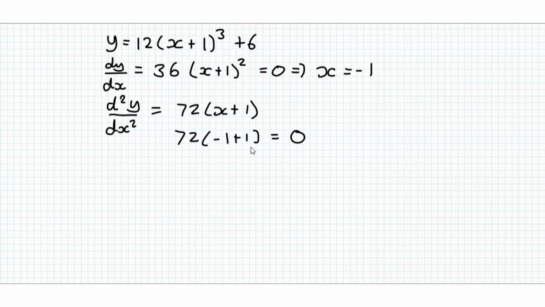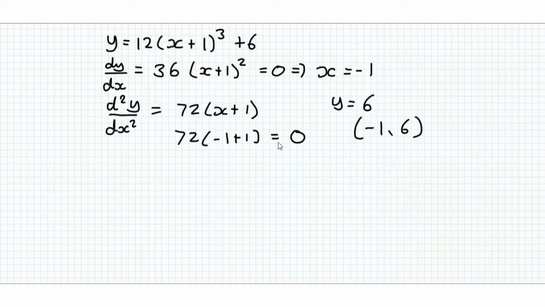So we haven't gained any information about the stationary point here. We just know nothing. So what we're going to do is find the y coordinate of this stationary point. Substituting minus 1 in just gives us y equals 6. So our stationary point is at (minus 1, 6).